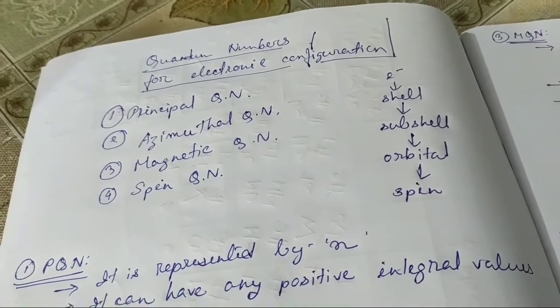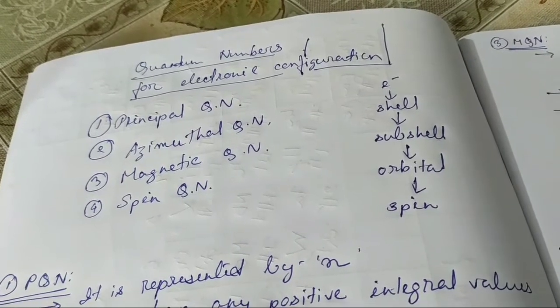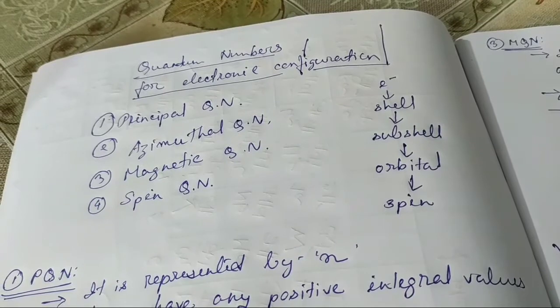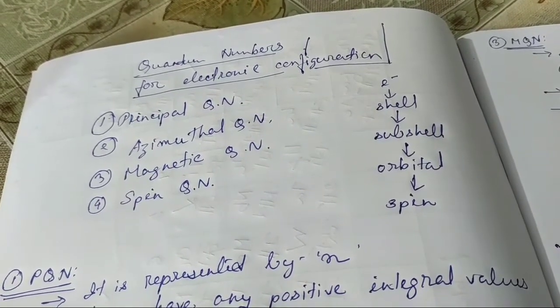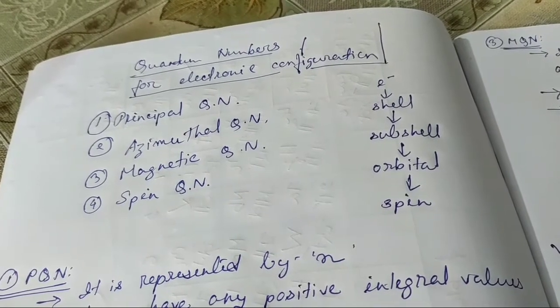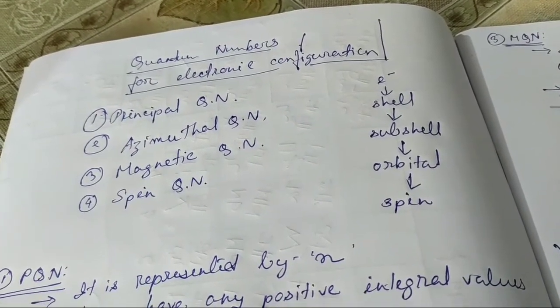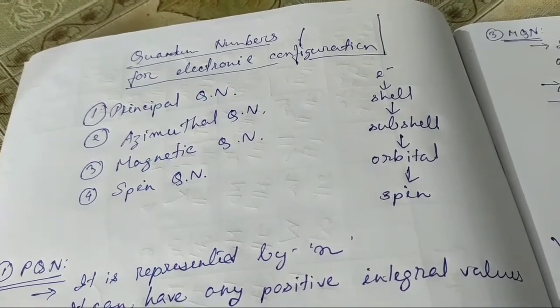But now you will be required to write down the electronic configuration in a more extensive way. For that, you will need to know the idea of 4 quantum numbers, which will give you the complete electronic configuration of an element.